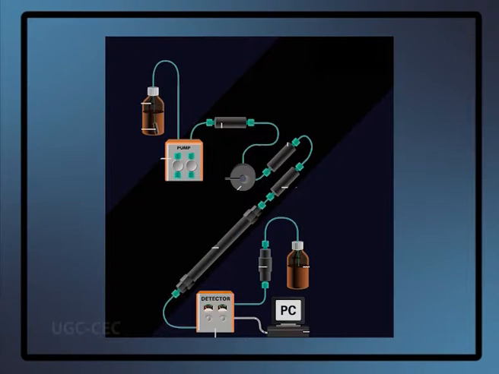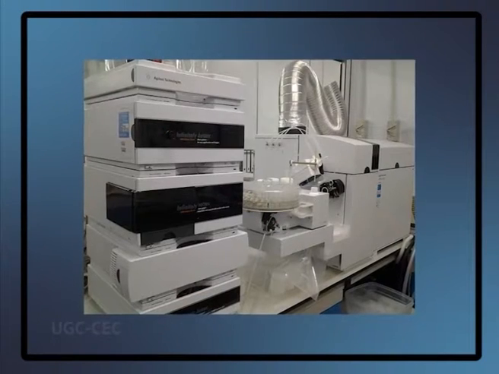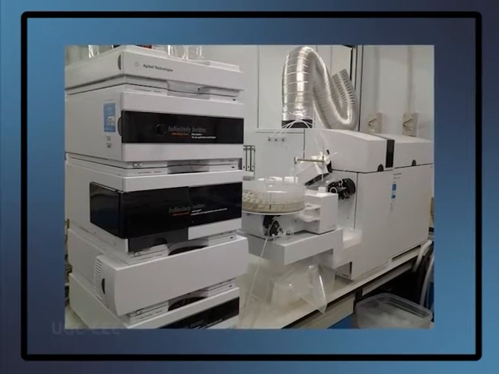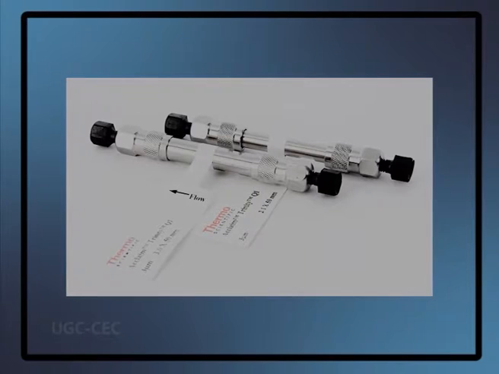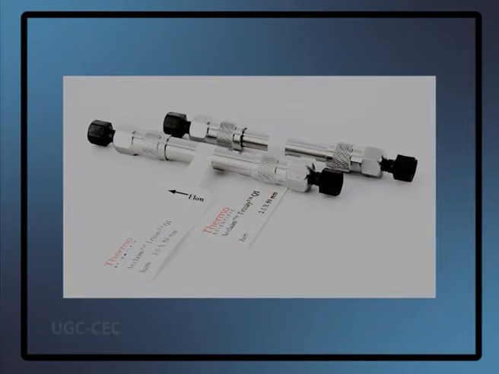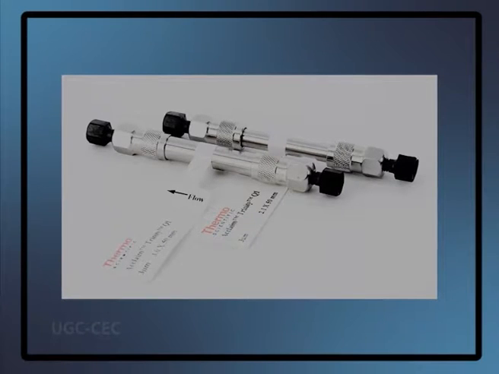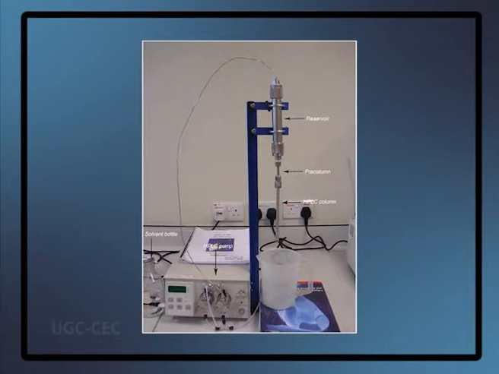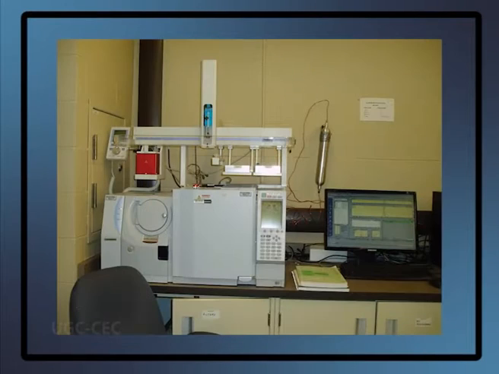The HPLC separation technique involves the injection of a small volume of liquid sample into a tube packed with tiny particles, where individual components of the sample are moved down the packed column with liquid mobile phase forced to the column by high pressure delivered by a pump. These components are separated from one another by the column packing that involves various chemical or physical interactions between their molecules and packing particles.